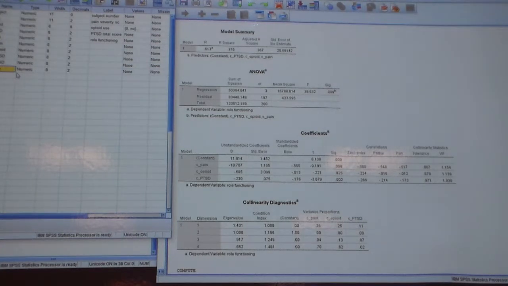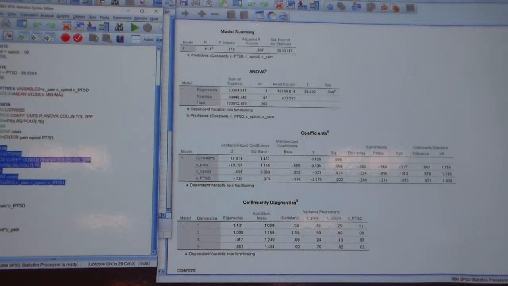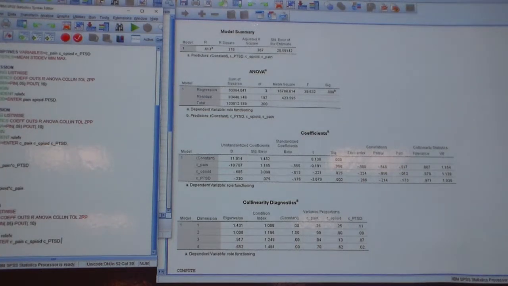So we've gone through and done this, and so now I'm going to say, all right, take my regression statement, paste this back down, and now I'm just going to add in my predictors. PTSD and pain, and opiate use and pain.